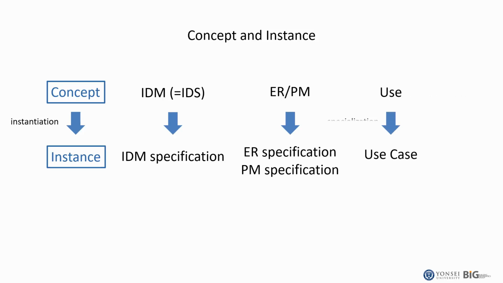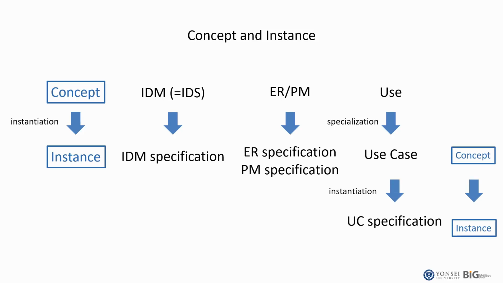Use was a little more complex because we have a use case. So we talked about the differences between use and use case, and our resolution was use case is a specialization of use. For example, if we have BIM use 4D modeling, and use case is 4D modeling with a purpose.